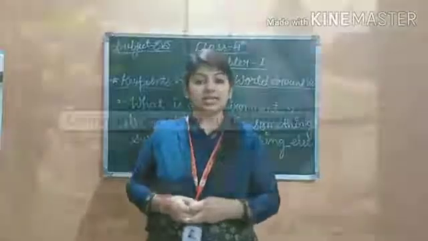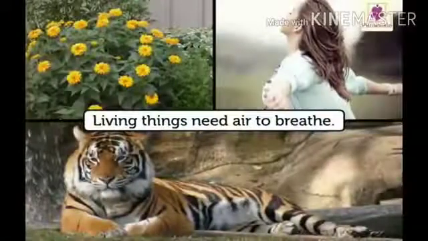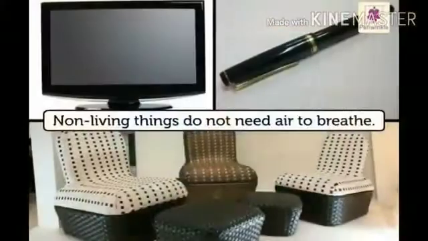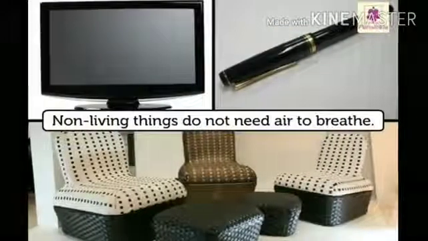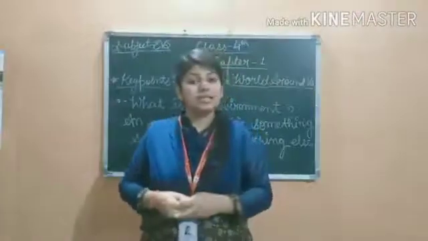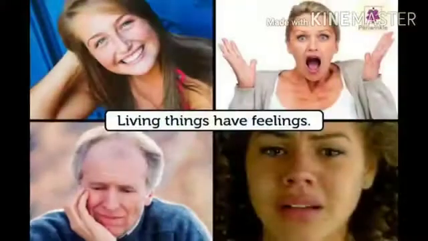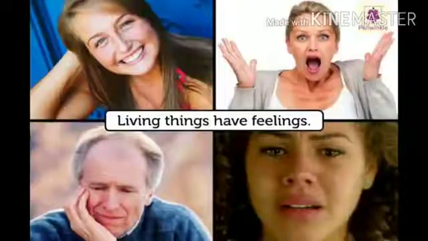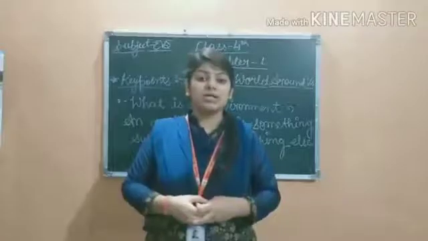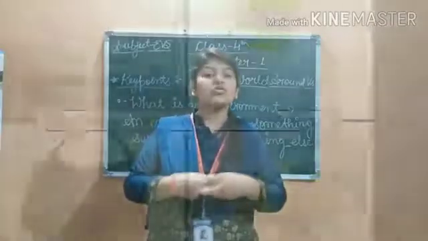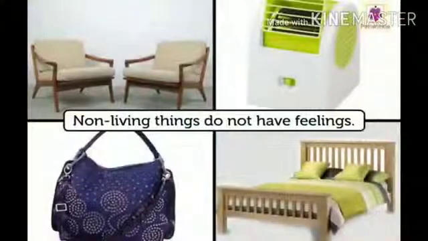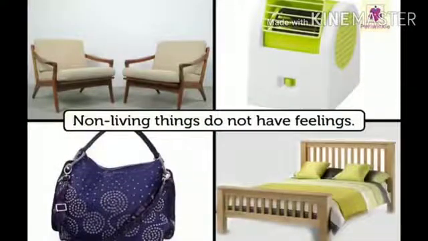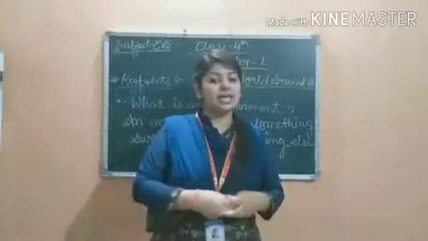Living things need air to breathe, while non-living things do not breathe. Living things have feelings. They can feel, but non-living things do not have feelings, or they do not feel anything.